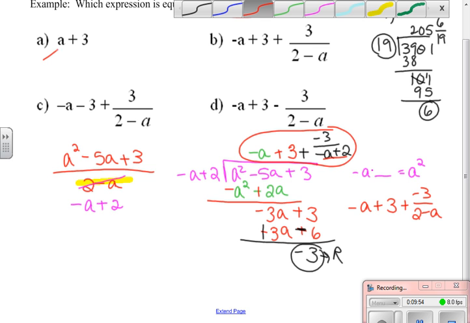Well, obviously it can't be this one. Negative a minus 3. So this sign is wrong, so it's not this one. Negative a plus 3 over 2a, that looks close. Negative a plus 3 minus 3a. This negative right here, remember, could be written as a subtraction. And so D is your correct answer.